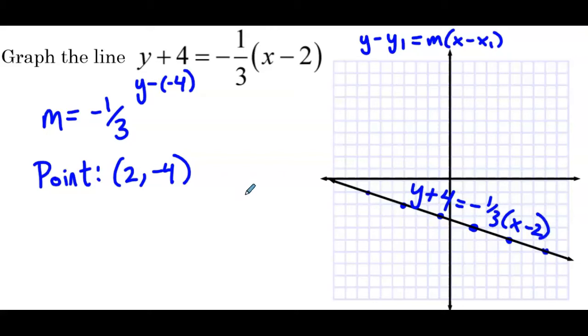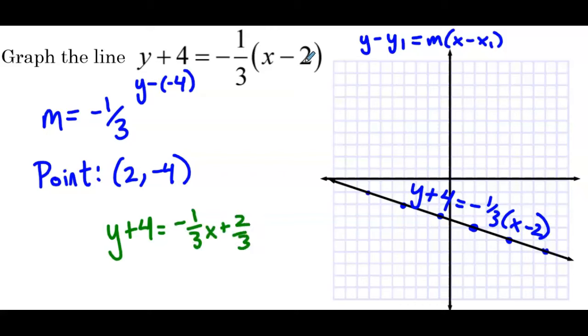So I also think it's just as easy to graph from point-slope form as it is from slope-intercept form. All we have to do is pull out the slope and the point. Now this is a perfect example to point out: if you couldn't pull out the slope and the point from this equation, and you went all the way down to slope-intercept form, you'd wind up with y plus 4 equals negative 1/3 x plus 2/3.